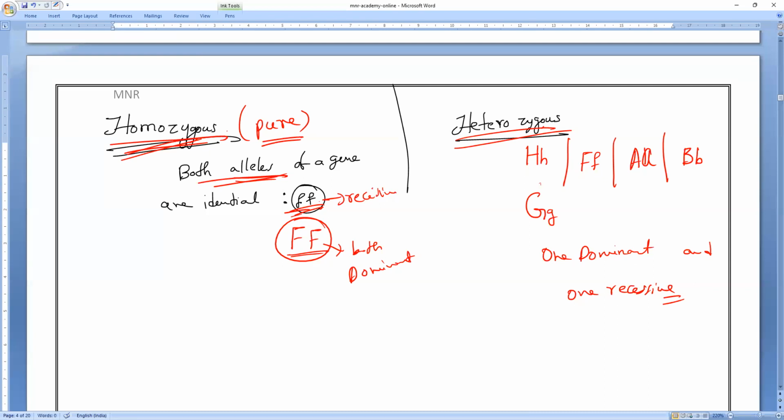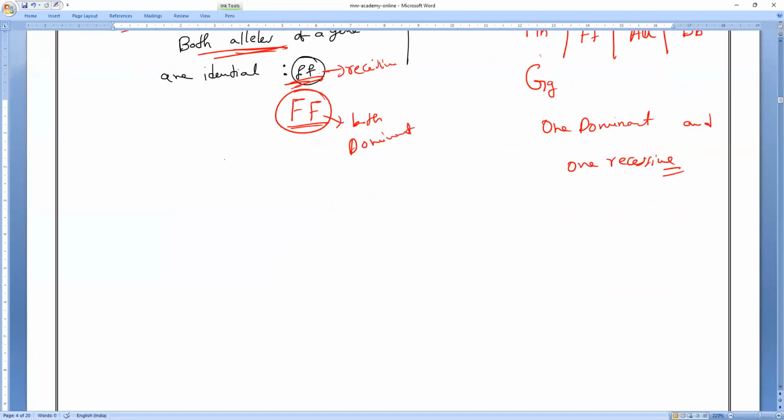For example, they will ask you to write a genotype of a pure organism. Either it is dominant or recessive, doesn't matter. If they ask pure, you should take homozygous. For example, red color and brown color. Let me take red color as capital R and brown color as small r.